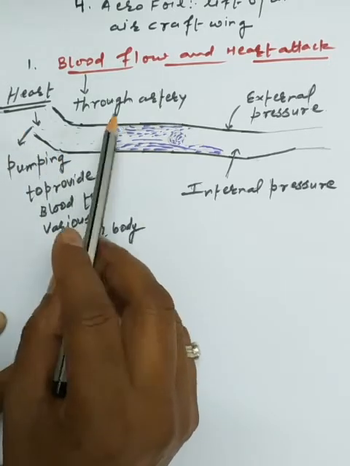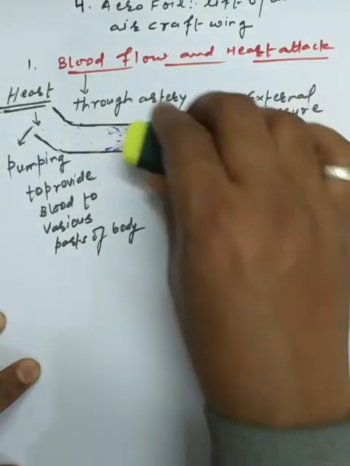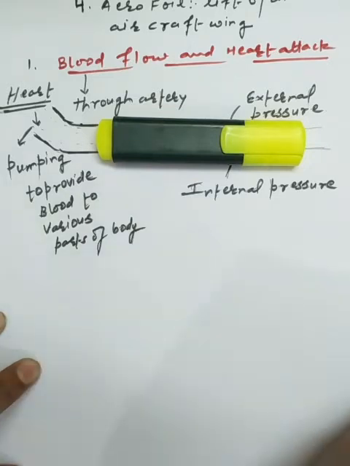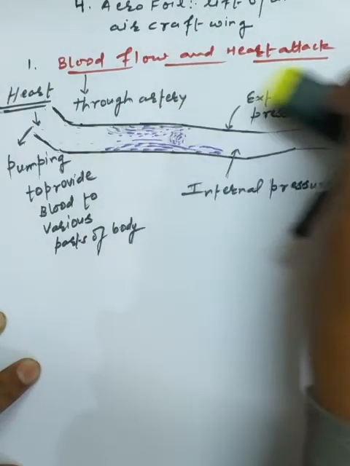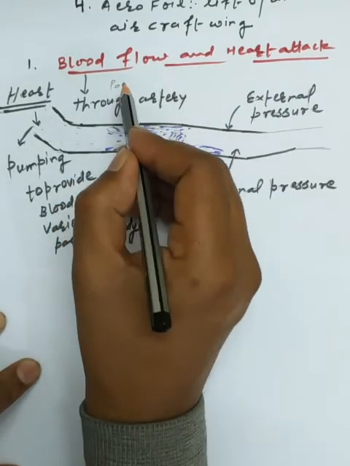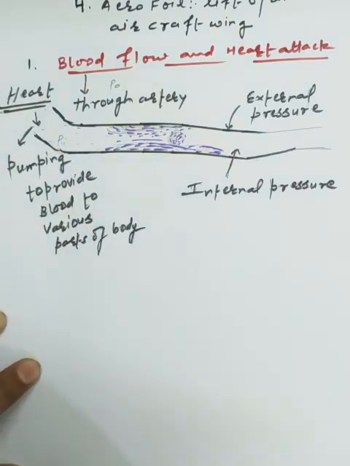If everything is normal, there is a normal blood flow, and we can imagine that P inside and P outside the artery are in a balanced situation. There is a proper opening.